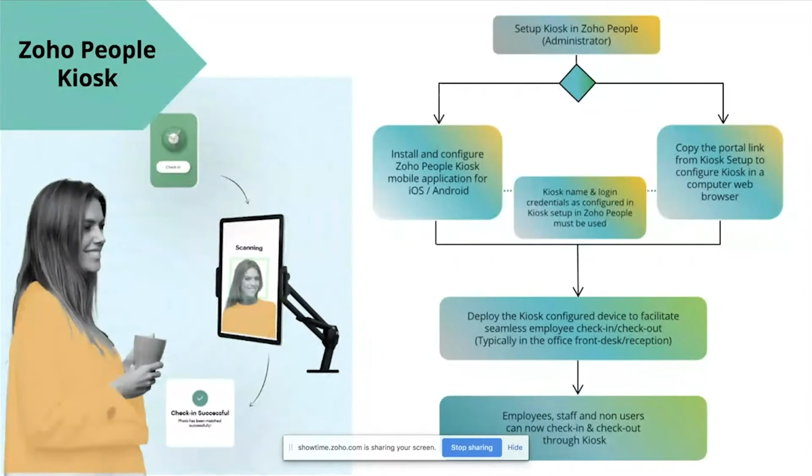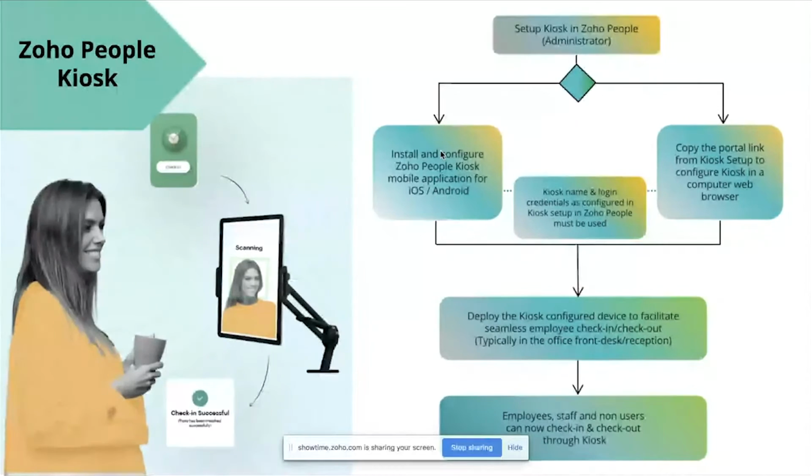So what are the steps involved in setting this up? Here is a simple flow chart that I created so that we can understand the steps in a better way. In your existing Zoho People account, as an administrator, you need to set up basic configurations, that is, set up the kiosk in it.